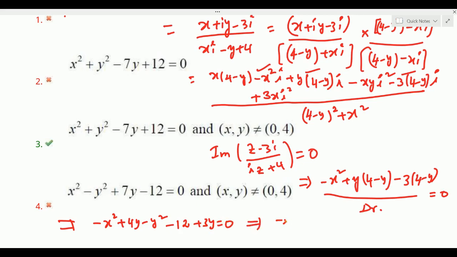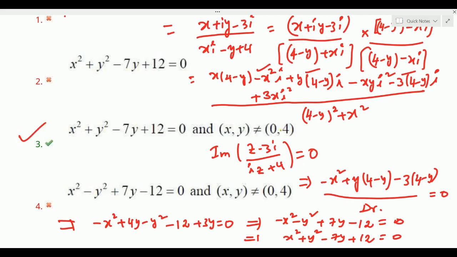Minus x square minus y square, 4y plus 3y is 7y, and minus 12 is equal to 0. By taking the minus common throughout, what is left over is x square plus y square minus 7y plus 12 is equal to 0. So this is the locus of z, which is given clearly as the third option.